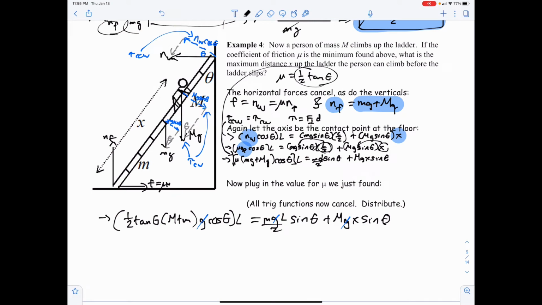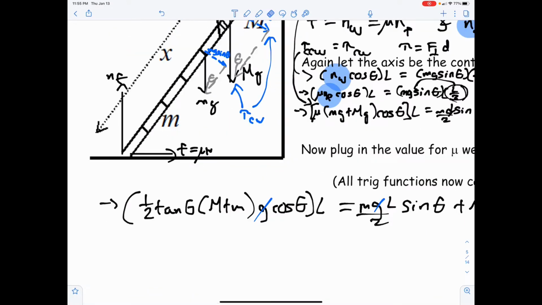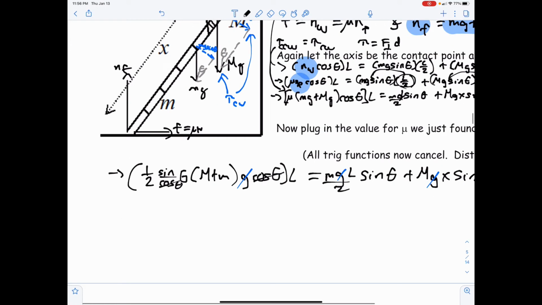Now keeping in mind that tan is the same as sine over cosine, this cosine cancels with that cosine, and I'm left with sine over 2.